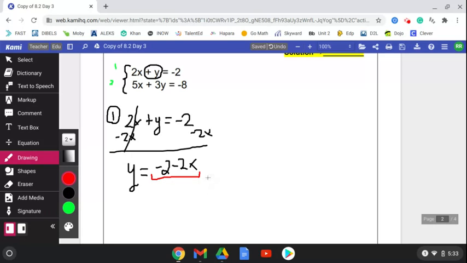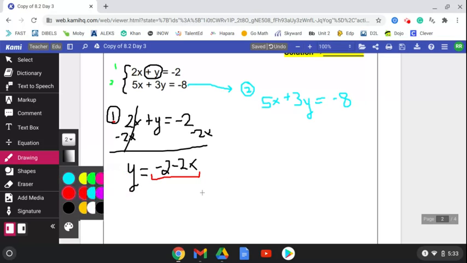Now I have y equals something. I can plug this into the other equation. Remember, this was equation 1, and so now the other equation is going to be equation 2. So let's copy equation 2 over here. I'll put a 2 and circle it for equation 2, and equation 2 is 5x plus 3y. Be sure you copy it down correctly. Equals negative 8.